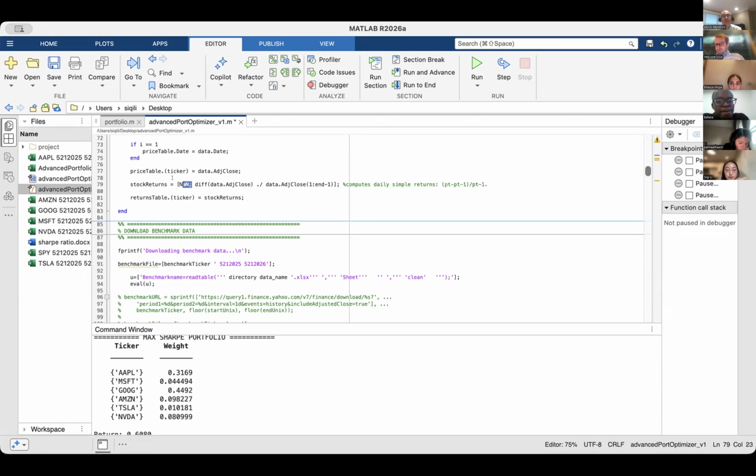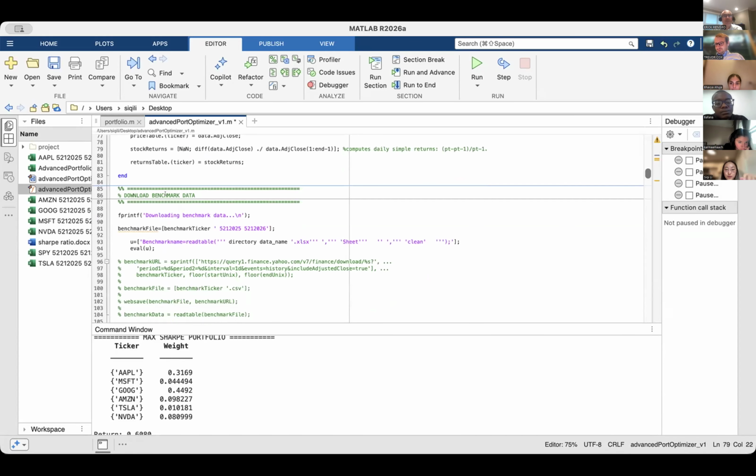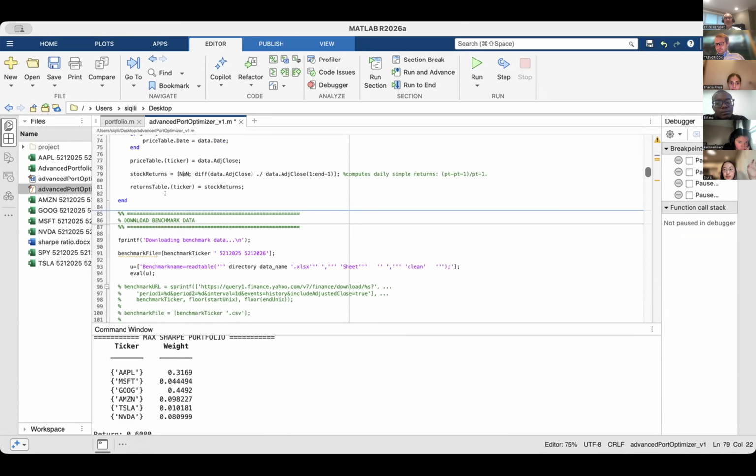But for the first date we place a not-a-number, because the first date doesn't have a previous price. So we placed a placeholder here, but when we use it to do analysis, we will automatically delete it by deleting the missing rows.